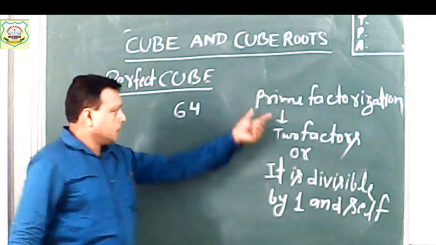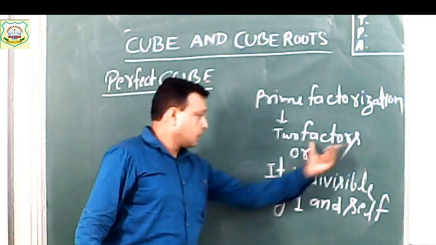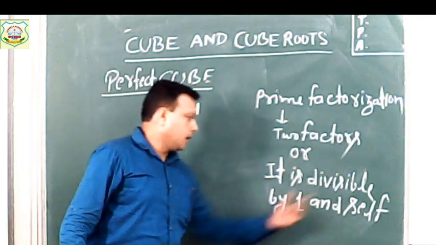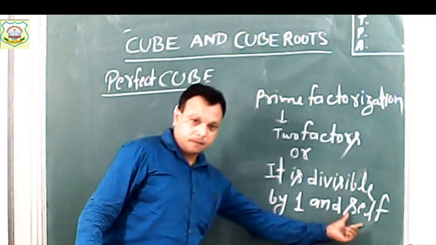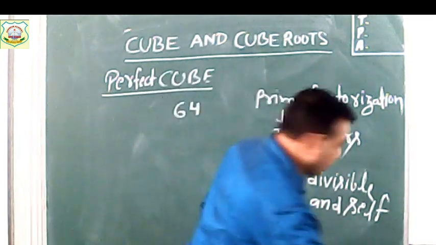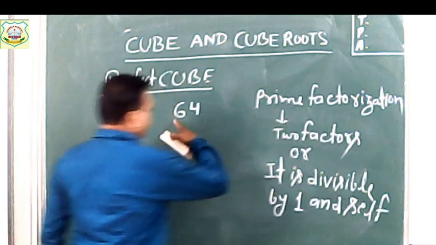Prime number is having 2 factors. Clear?